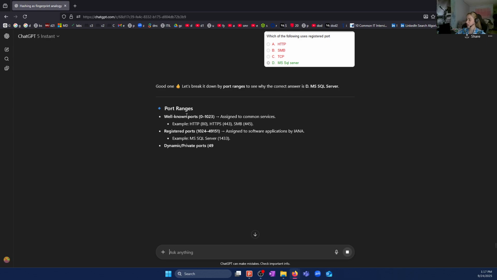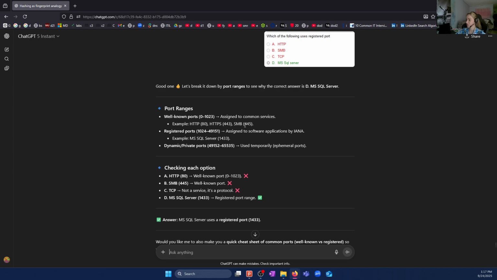Port ranges: well known, registered ports. Registered ports are assigned to software applications by IANA. Example: MS SQL Server. Then dynamic private.